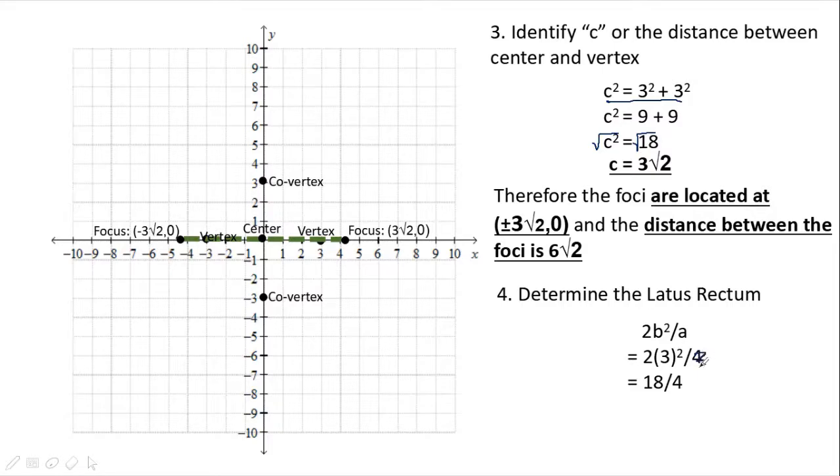So 3 squared is 9, times 2 is 18. Again, this is 3. So 18 divided by 3 is 6. So our latus rectum should be 6. Sorry for the typographical error. Again, in number 4, the latus rectum is 6, not 4.5.